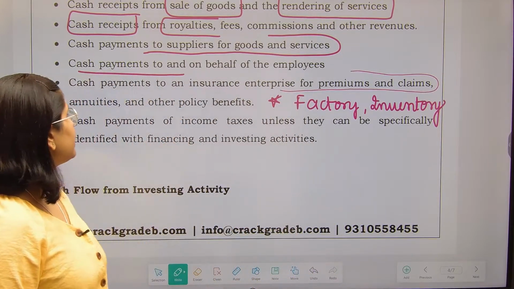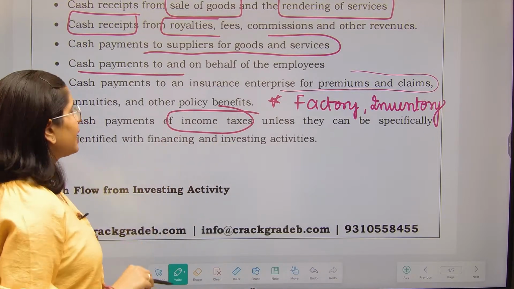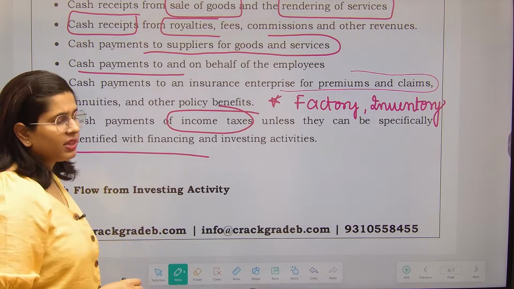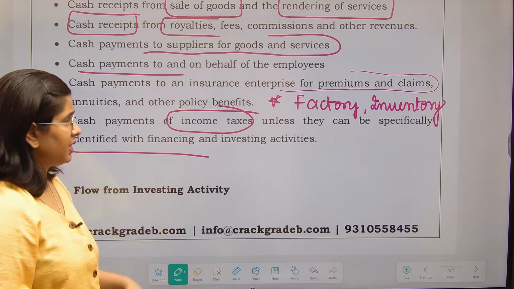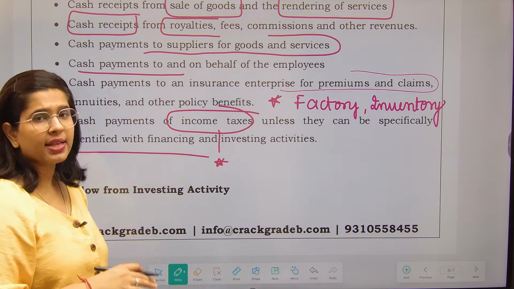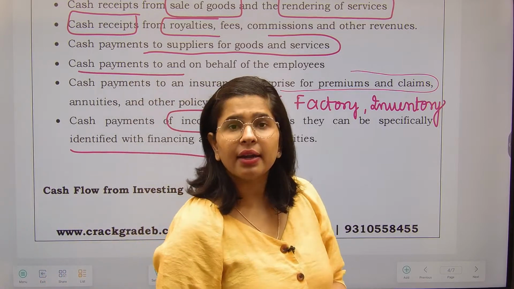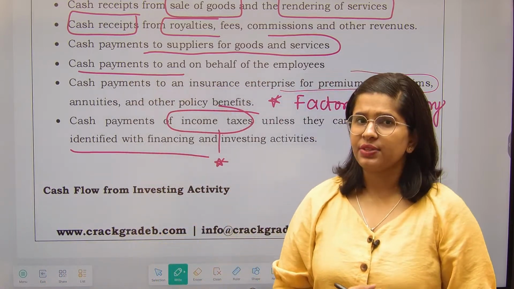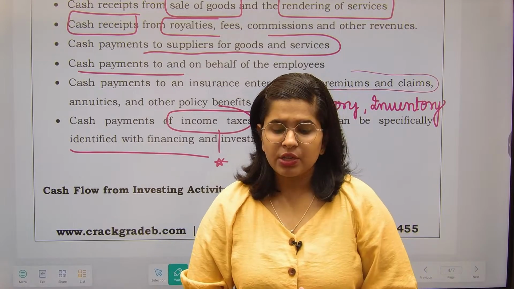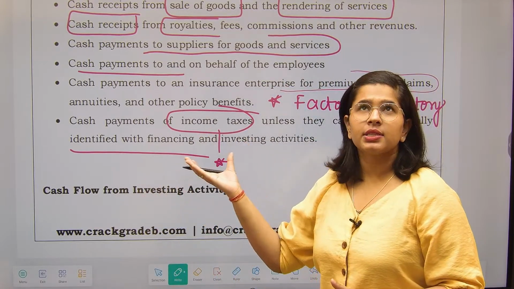Next, lastly, cash payments of income tax, unless they can be specifically identified with the financing and investing activity. Achha, this income tax I have included in the end as well. So there are various kinds of taxes that we pay to the government, fine, and there is a different classification for all of them. So here income tax means, see, I am doing business, right?